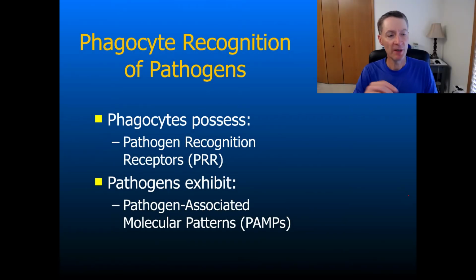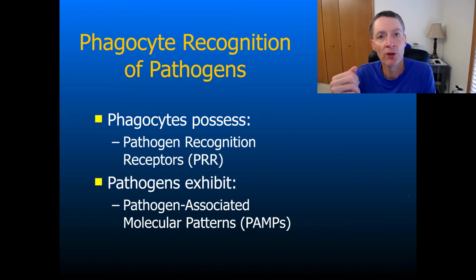Now I want to just mention here real quickly, because a lot of times this is kind of confusing to people: why wouldn't a macrophage just eat up any cell, eat up our own cells? Because they do eat up dead cells, right? So how do they know the difference? It just so happens, at least with respect to pathogens, that these phagocytes are a little smarter than we give them credit for.